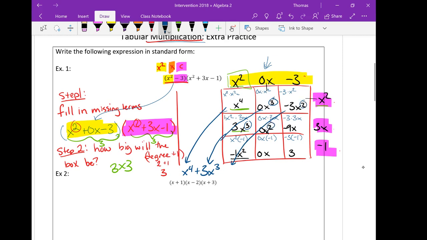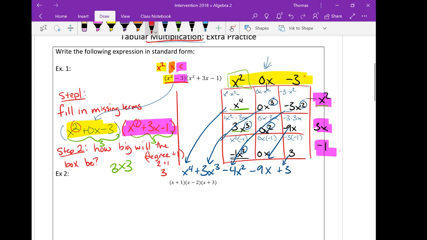These are where all our squareds live. Squared, squared, squared. Negative 3 and 0 and negative 1. Well, if I have negative 3 and then I take away another one, that's negative 4. So that's negative 4x squared. Diagonally, negative 9 and 0, well, that's just negative 9x. And then our last one, that's our only constant term, so it's just 3.